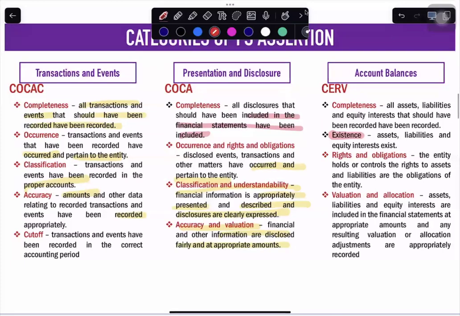So, as we said earlier, normally we test transactions and we test balances. And then, depending on the transactions, there are different assertions.